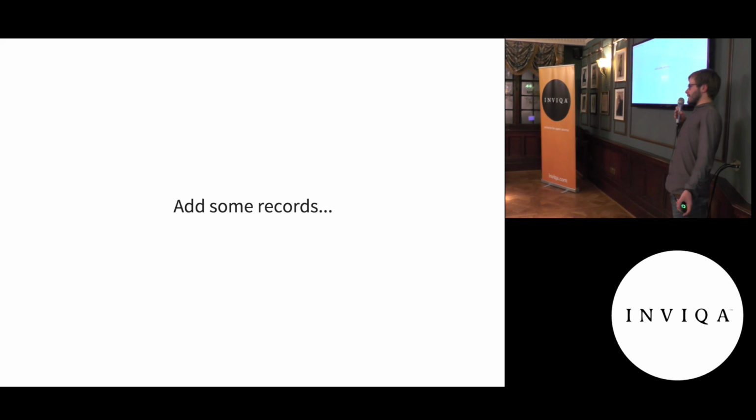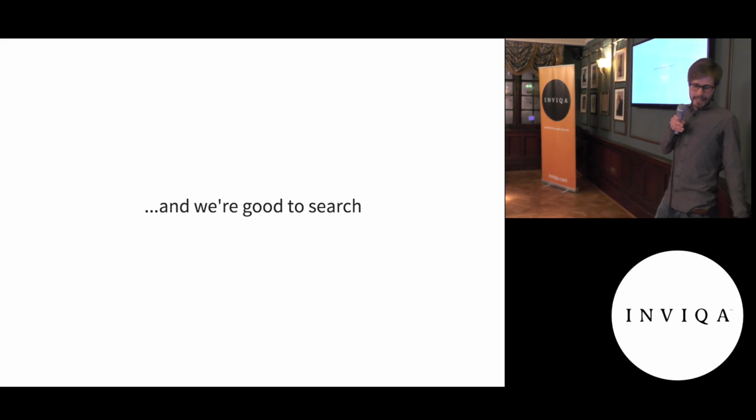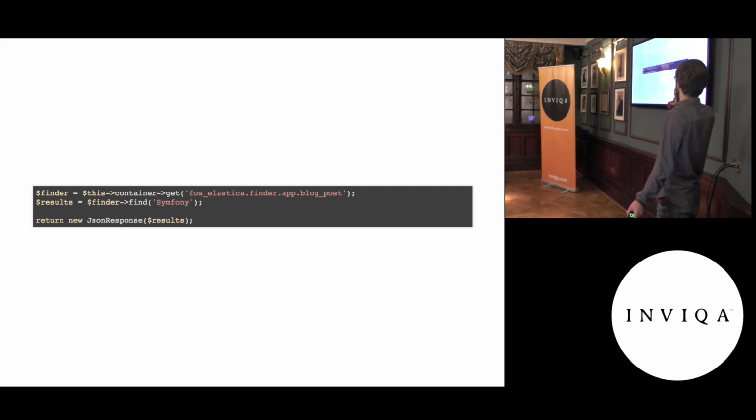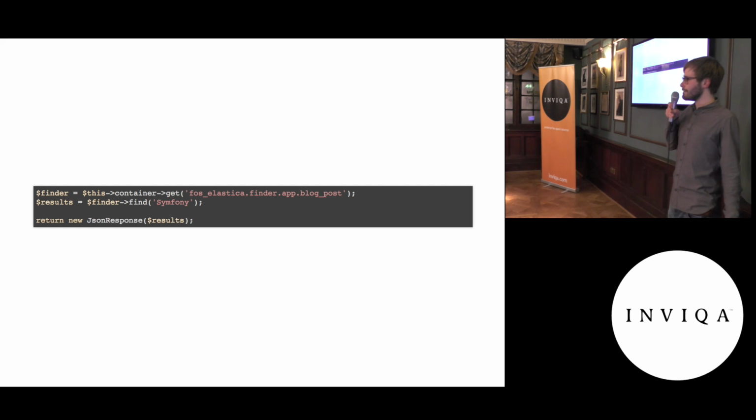So you just need to add some records now, obviously, so you can search on something. And this would be the very first, very simple search. As you can see, FOSElastica exposes a finder for every index you create. We created the app index, and we have the blog post entity.